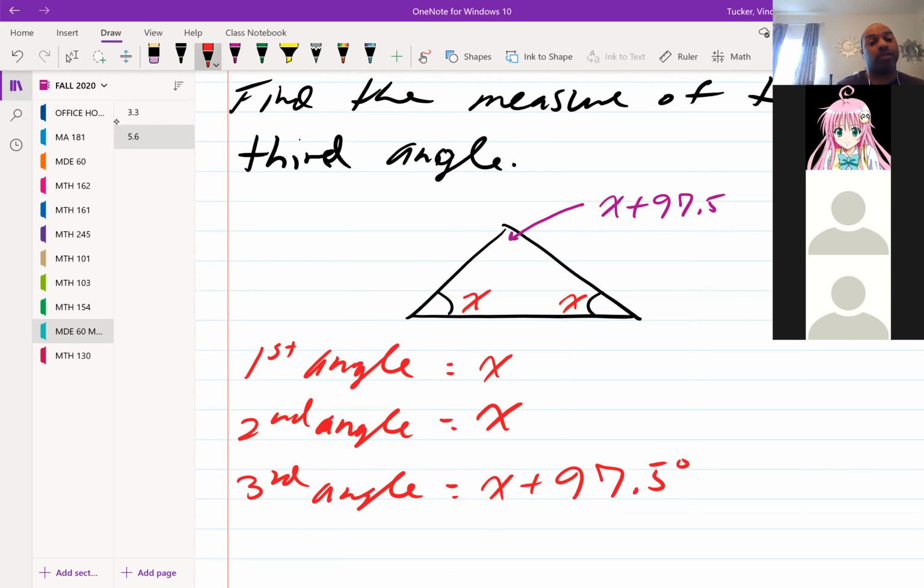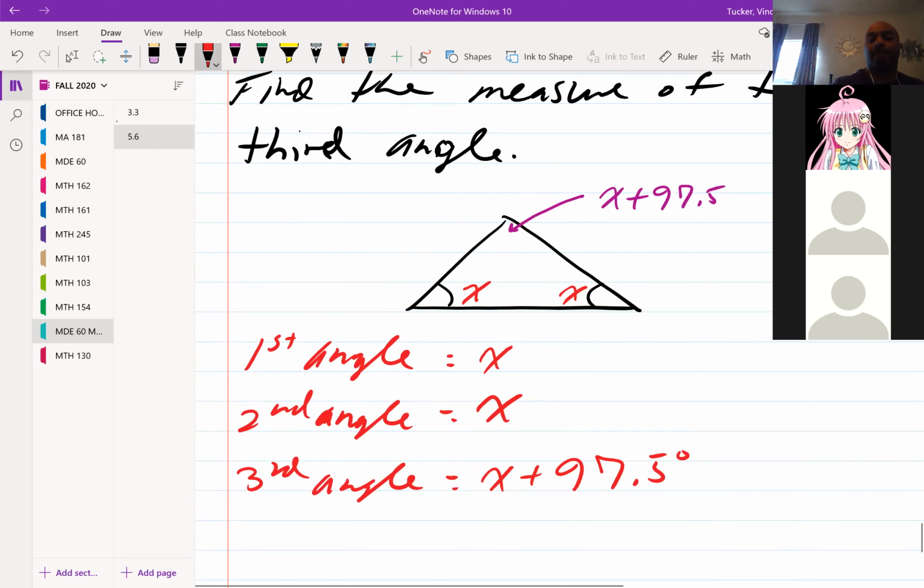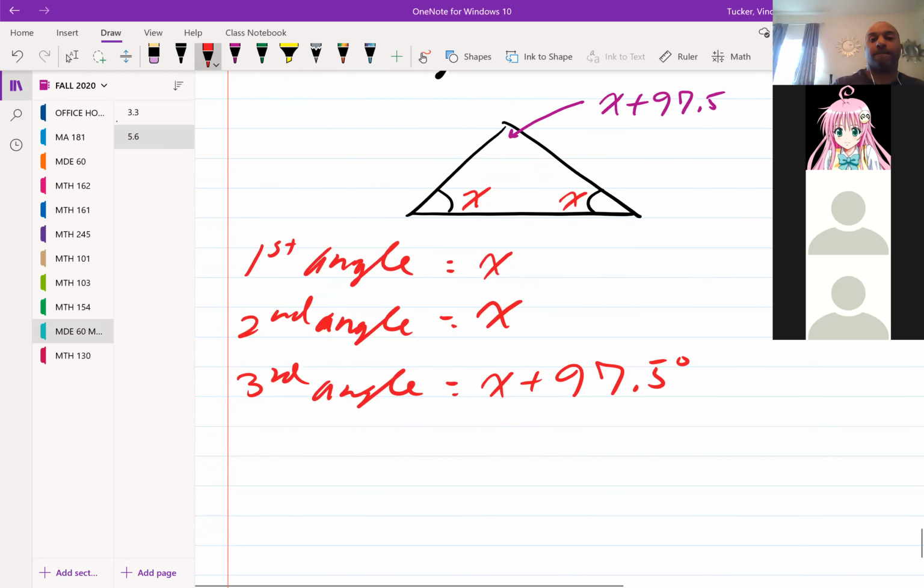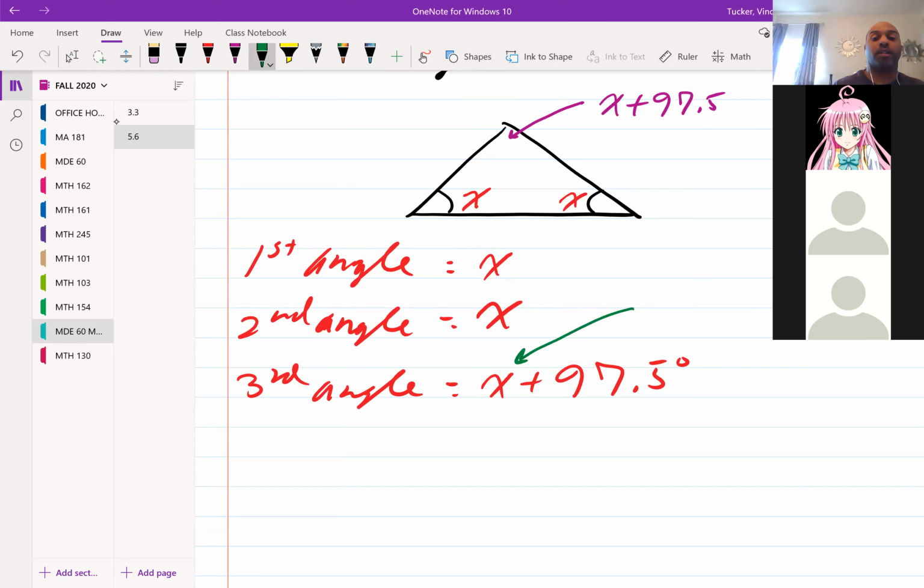Well, it wouldn't be the answer. That's just the setup. So it says find the measure of the third angle. So it's not asking us to give an x. We need to figure out what x is so we can have an actual number, because we have to have whatever x is plus 97.5. Right, so we're not done with the question. Now we need to set up our equation.